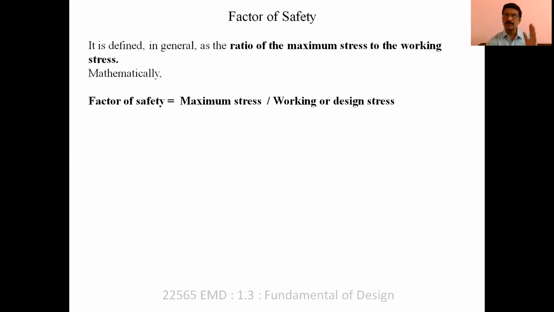In some materials, the yield point is the failure point, which we call a ductile material. And in some cases, the ultimate point is the main stress that we can observe, that is a brittle material. So the factor of safety is different for ductile and brittle material.